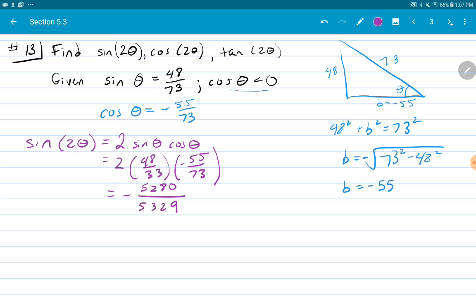And so that's sine of 2 theta, and then we need to find cosine of 2 theta, which is cosine squared theta minus sine squared theta. This is my double angle formula for cosine.